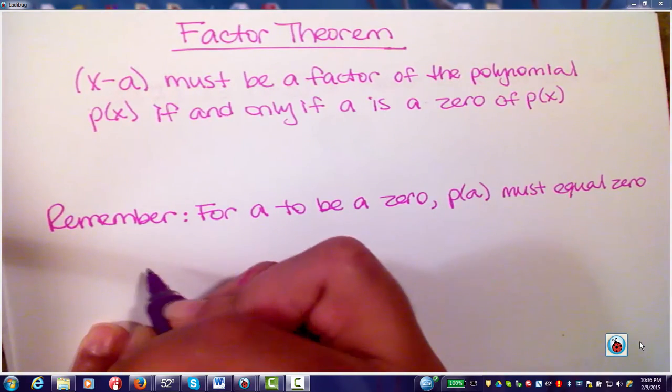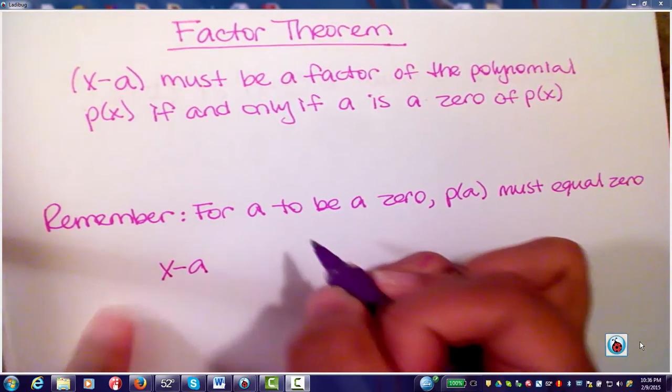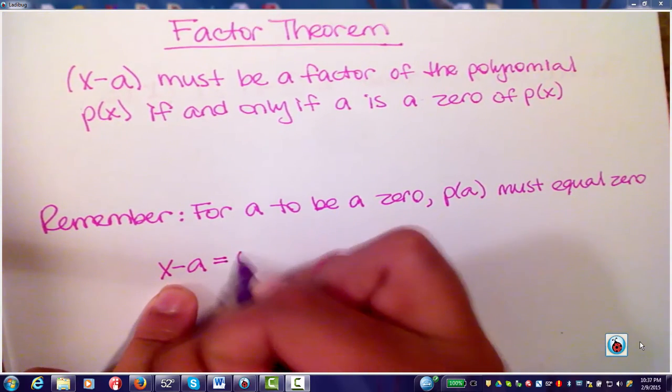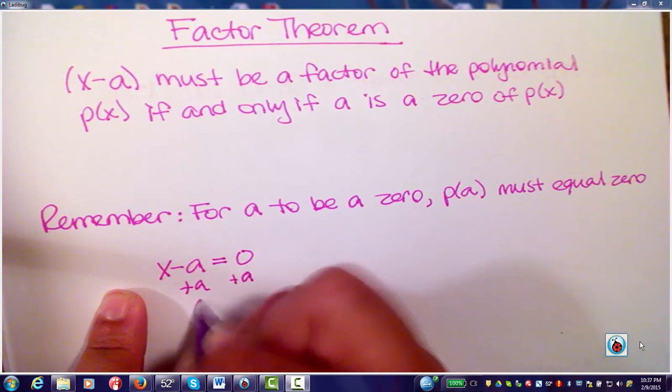Alright, so basically, if x minus a is a factor, then if you set this equal to 0, you get that x equals a.